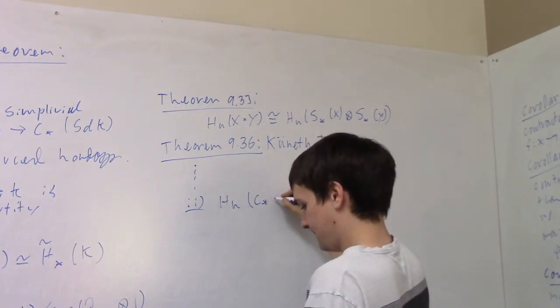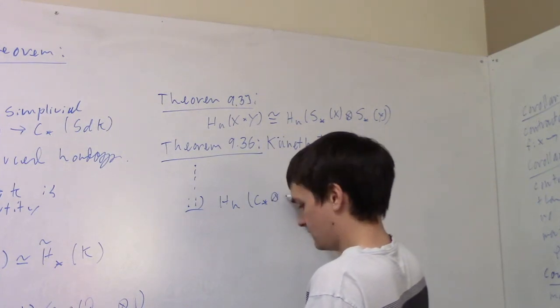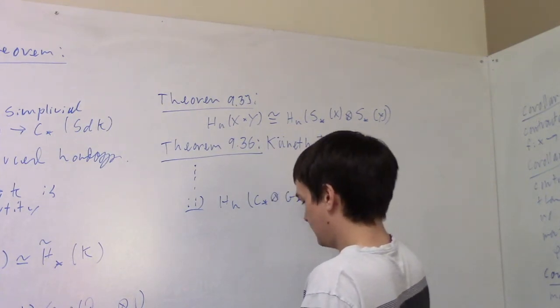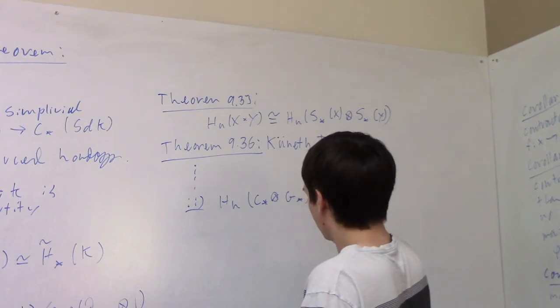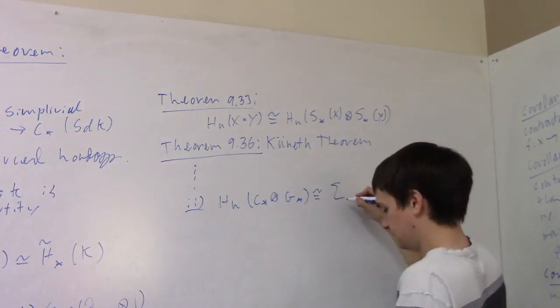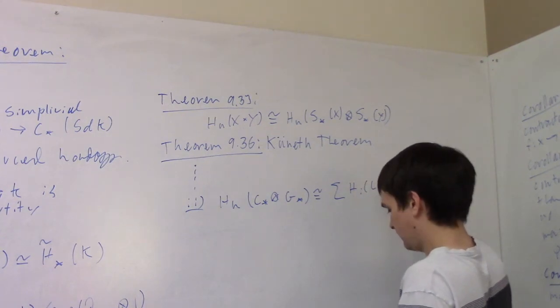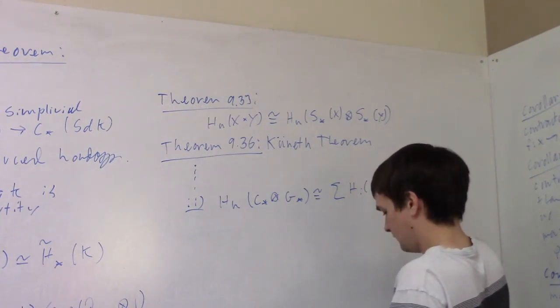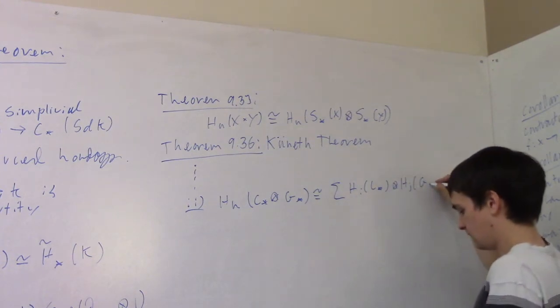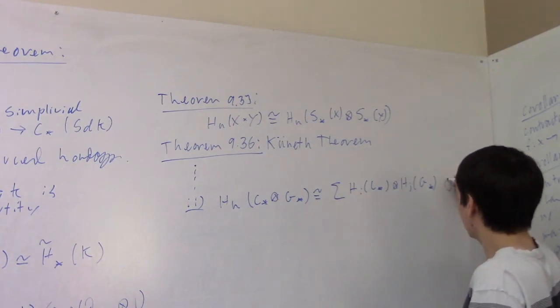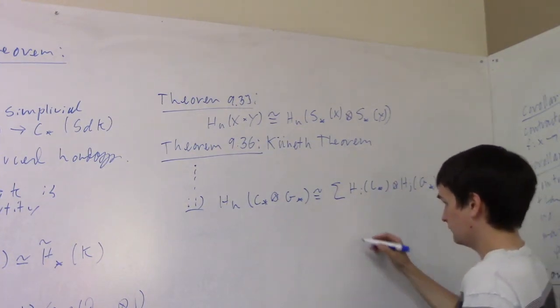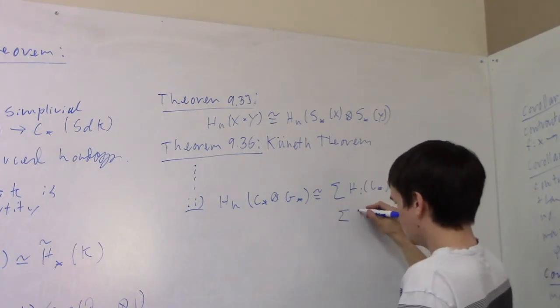The one piece is just the homology groups tensored with the homology groups of the group, and then direct sum with the torsion piece that's formed from the homology of the chain complex paired with the homology of the group.